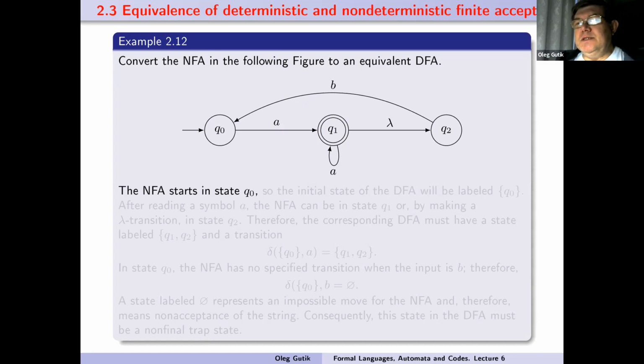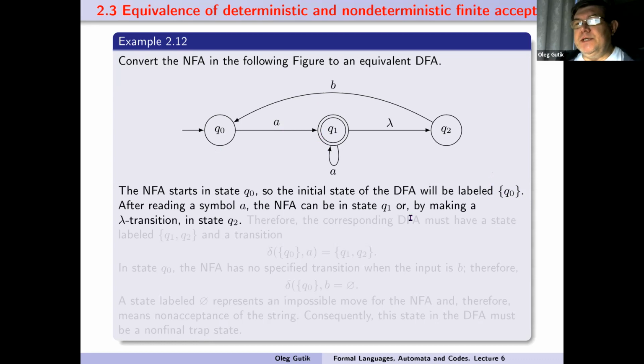The non-deterministic finite acceptor starts in state Q0. So the initial state of the deterministic finite acceptor will be labeled by the set which consists of the state Q0. After reading a symbol a, the non-deterministic finite acceptor can be in state Q1, or by making a lambda transition, in state Q2.